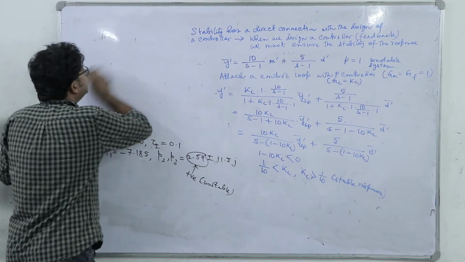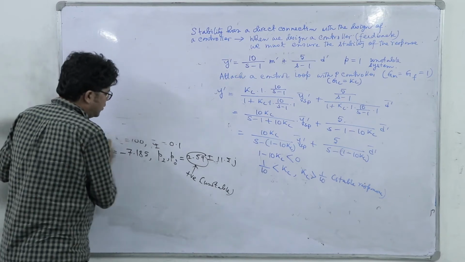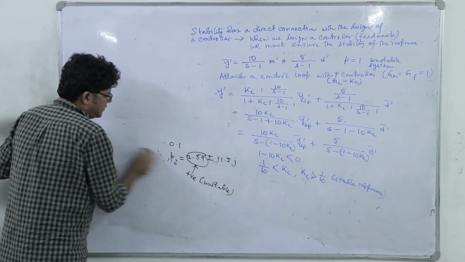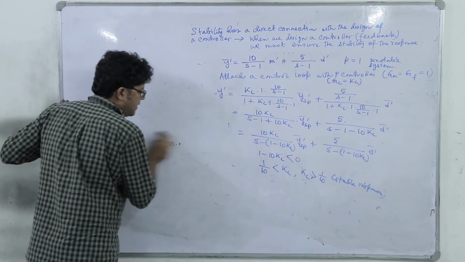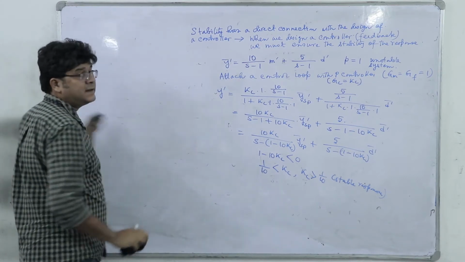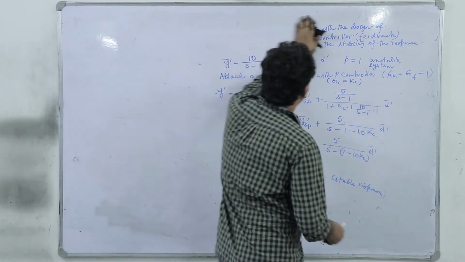Right. So what we note is that upon attaching a feedback loop, a system may be stable or may be unstable. And that entirely depends on the values of the controller parameters.